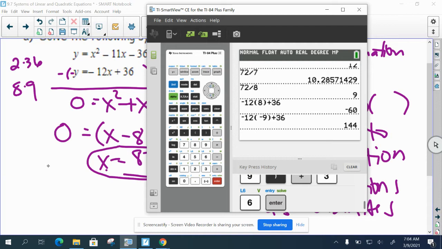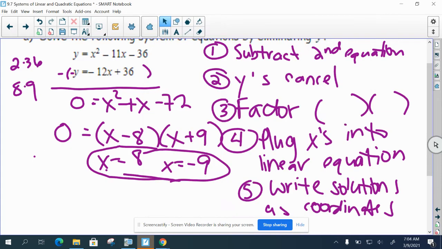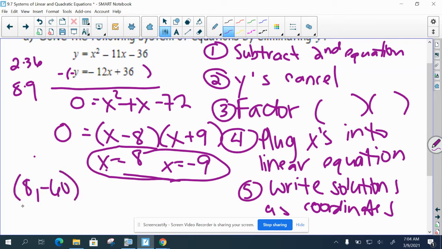So this isn't something that we would really want to do graphing because our graph would have to be so high and low in order to see these two solutions. So sometimes doing it this way is easier, especially if you're not sure how to graph, or if you can't remember how to graph a quadratic. And so it was 8, negative 60, and negative 9, 144. So those are our two solutions.